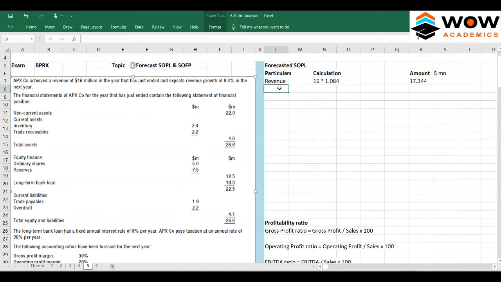The next one he has given us is gross profit. So gross profit is 30%. So we'll put gross profit here. 30% of the sale would be the gross profit. So what would be the difference?